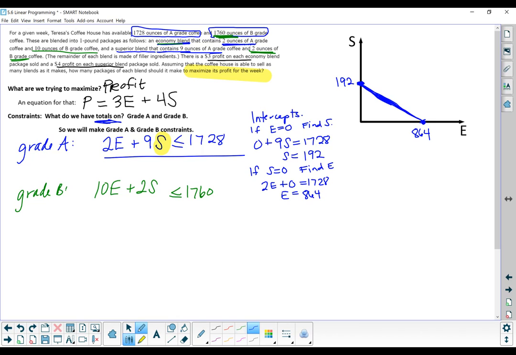Okay, so now let's focus on the grade B. Same process. If E is 0 on this equation, setting E equal to 0, we would have the equation 0 plus 2S is equal to 1760. And so if we divide by 2, we get S equals 880.